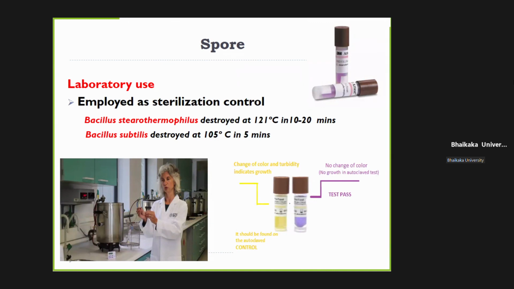In the process, the spores germinate and form vegetative bacteria. So we can certainly say that the sterilization process which we have done is not accurate, and we have to repeat the sterilization cycle.